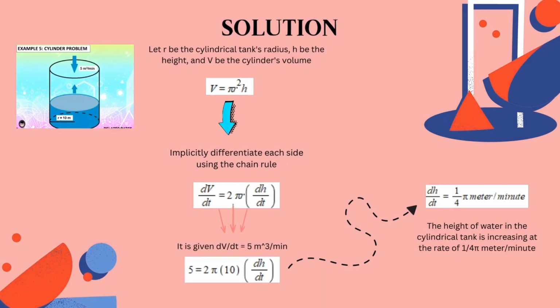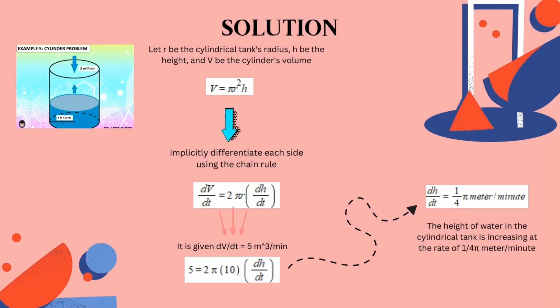So, the volume of the cylinder is provided by the formula below. Use the volume formula of the cylinder to relate the two variables. So, the formula is V is equal to pi r squared h. Next, implicitly differentiate each side using the chain rule, and it becomes dV/dt equals 2 pi r dh/dt.